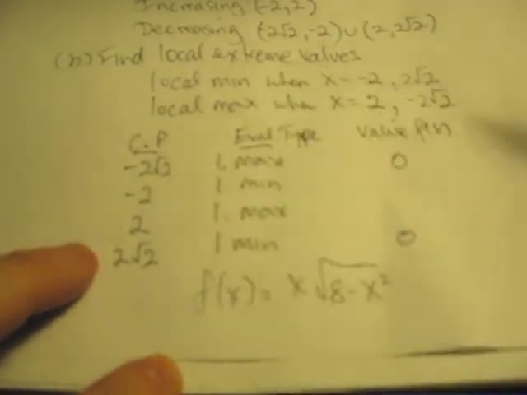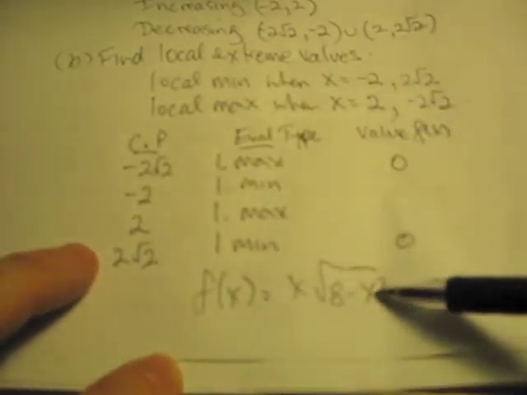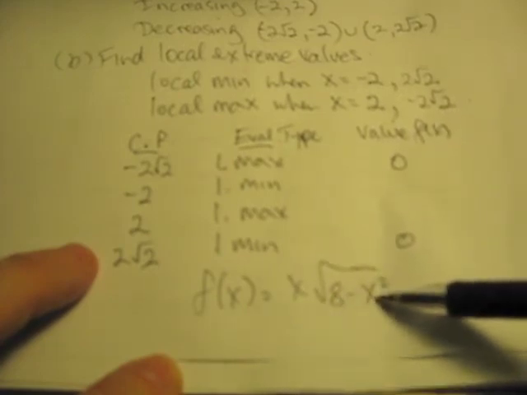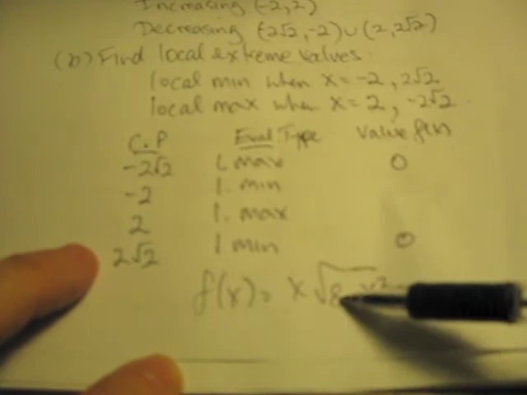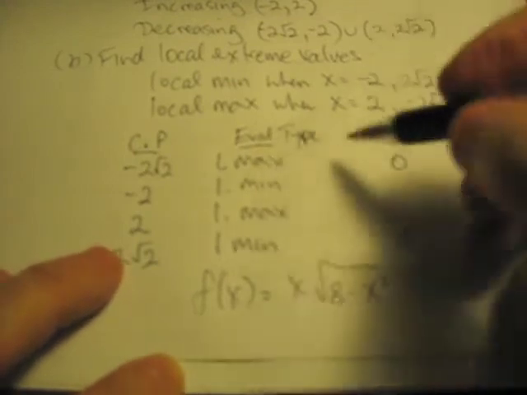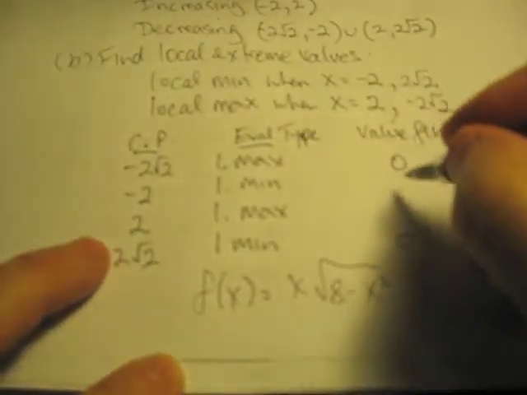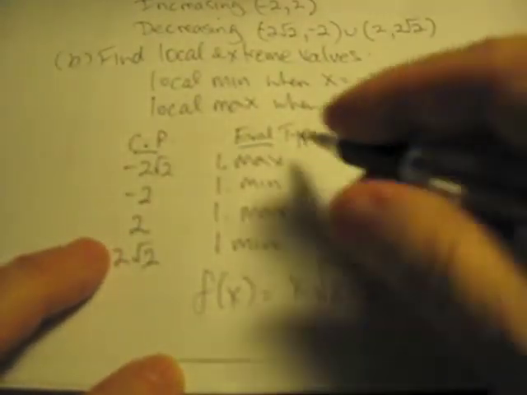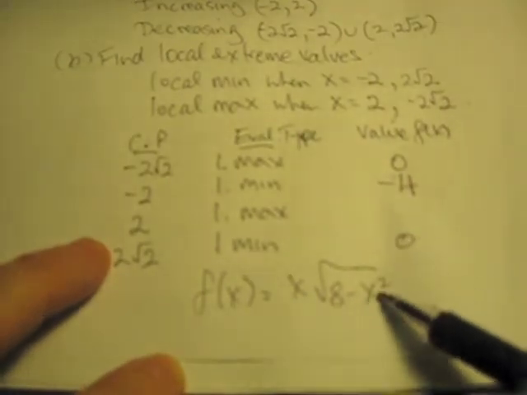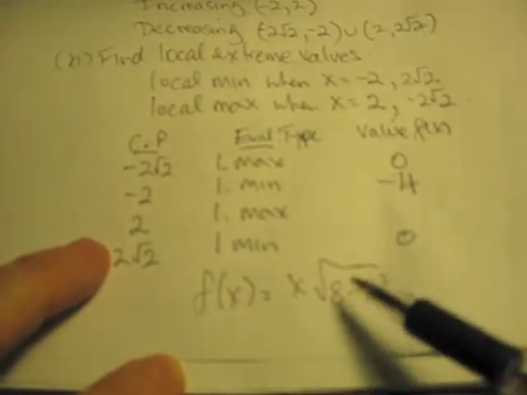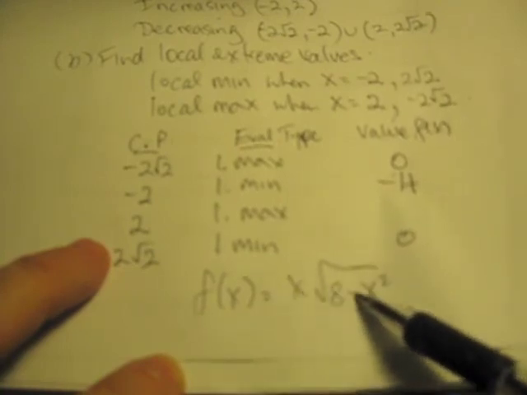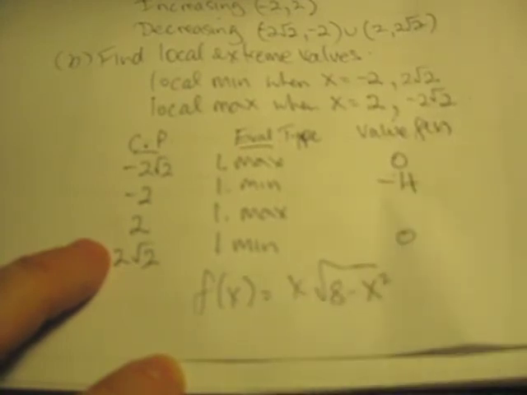Now let's put in negative 2. Negative 2 in here gives me 4, 8 minus 4 is 4, square root of 4 is 2, and negative 2 times 2 is negative 4.